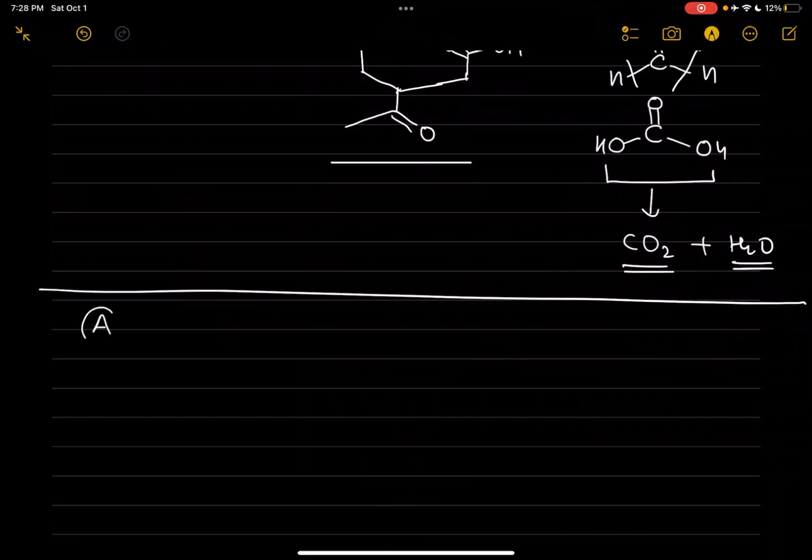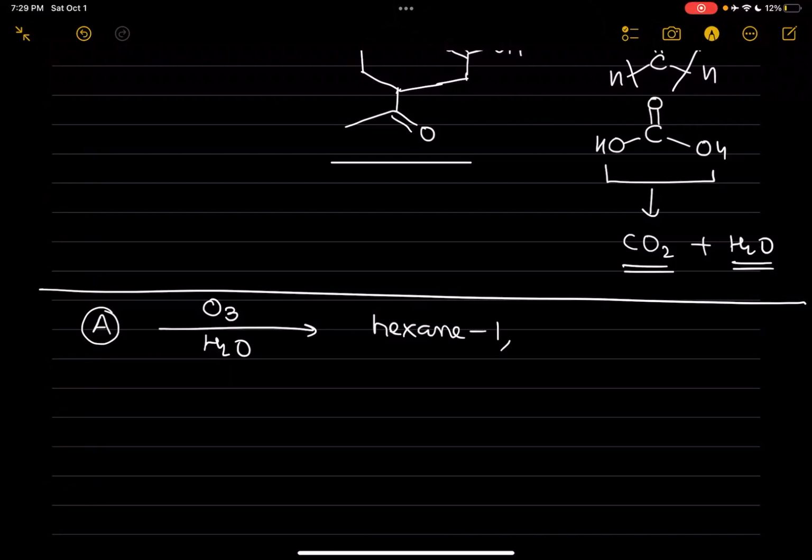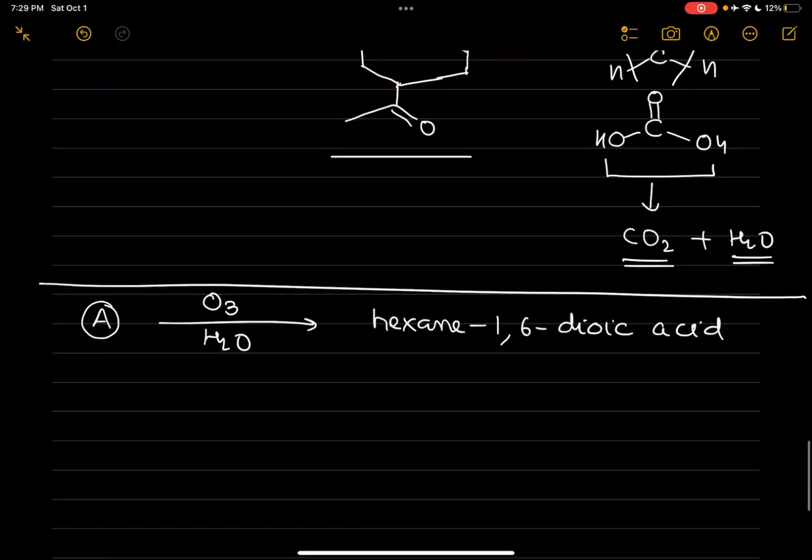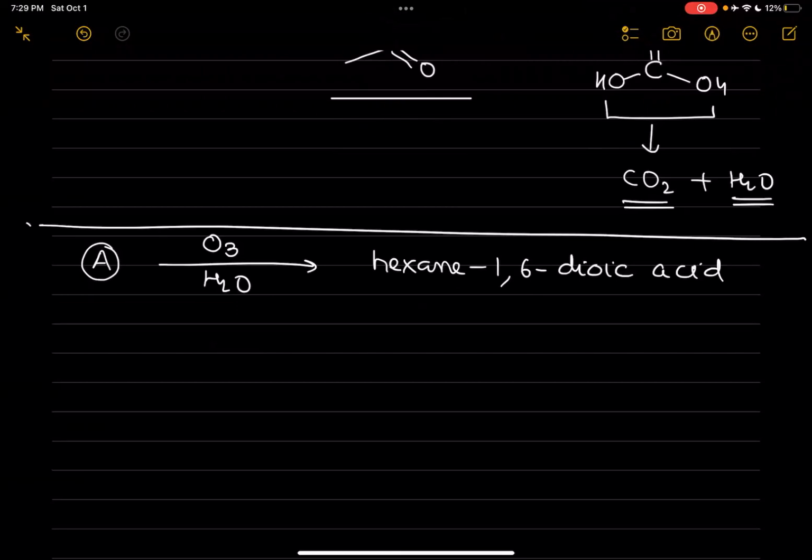So compound A, which upon ozonolysis gave hexane-1,6-dioic acid. So what's the structure of this? This is the reverse question.